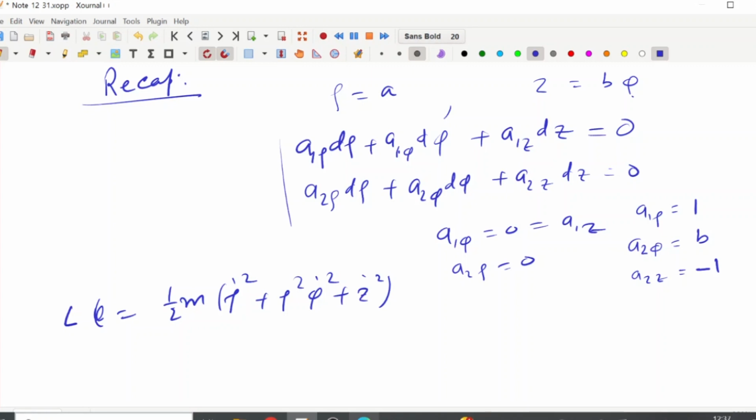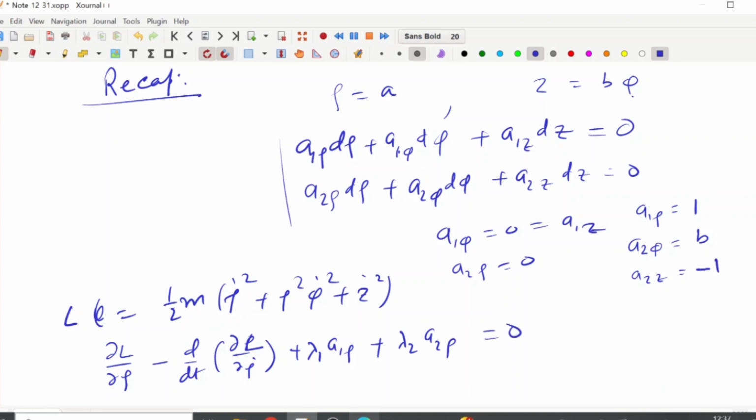So, this is your Lagrangian, and then we obtain the equation of motion using the Lagrange multipliers method, which was del L del rho minus d/dt of del L del rho dot plus lambda 1 A1 rho plus lambda 2 A2 rho equal to 0.